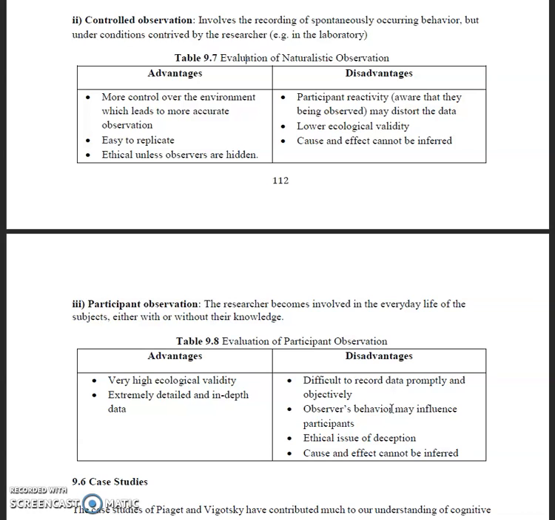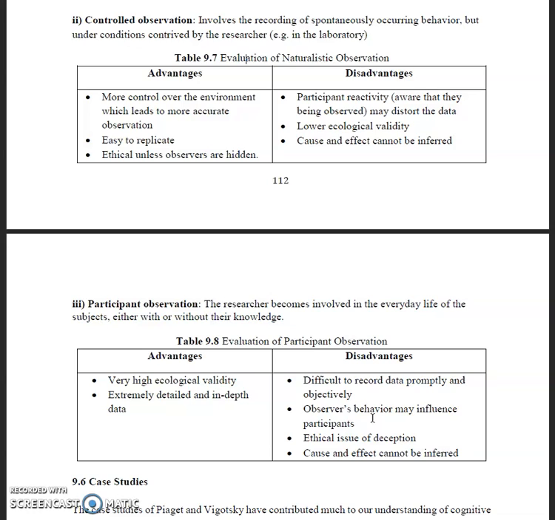Right? And then the observer's behavior may influence the participants. If you're too close with the subjects and they know that you are observing them, then you may influence their behavior, even if they don't know that you are observing them, because you are a person who is new to them.